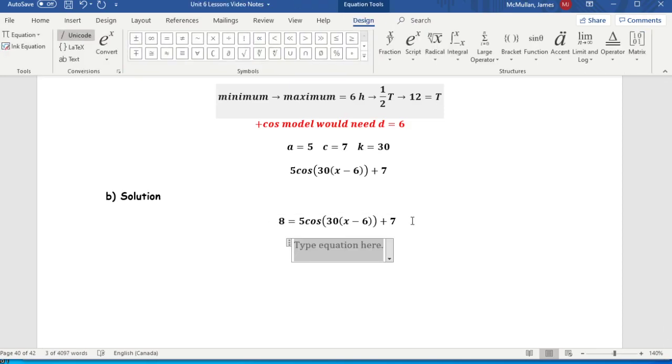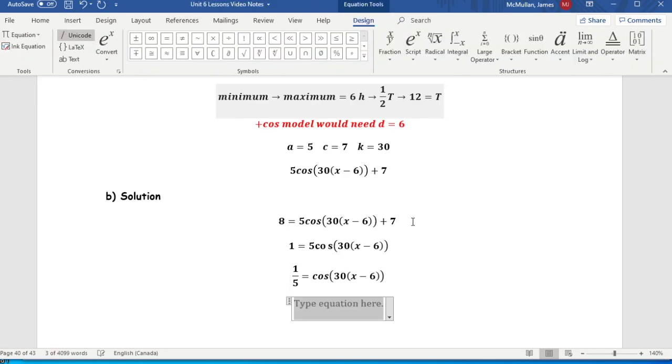So I bring the 7 over. 1 equals 5 cos 30(x minus 6). 1 over 5 equals cos 30(x minus 6). Now I have to inverse cos 1 over 5, and this would be equal to 30(x minus 6).